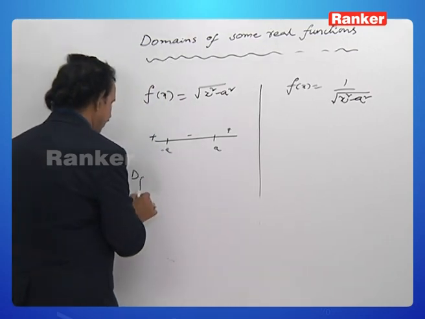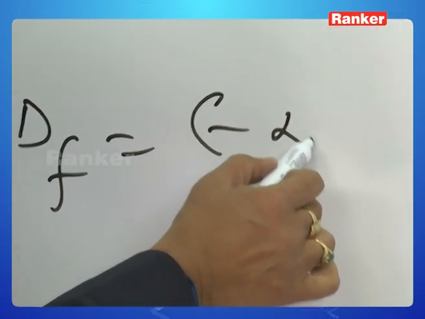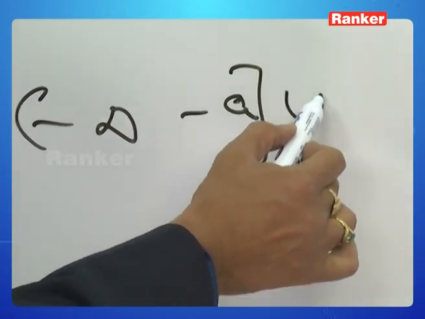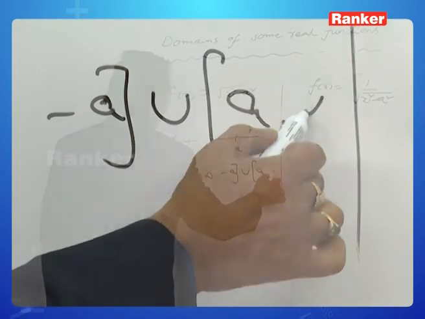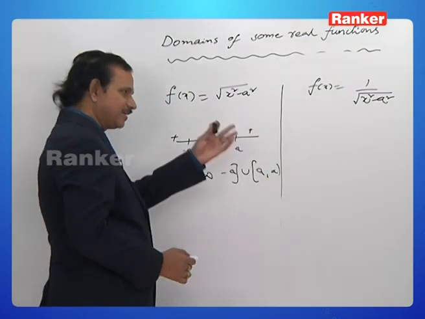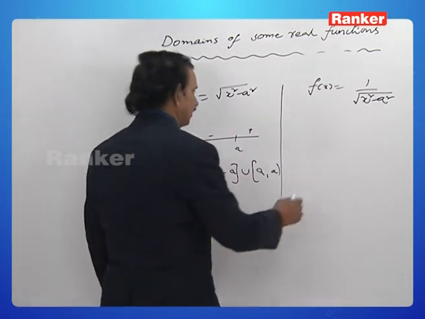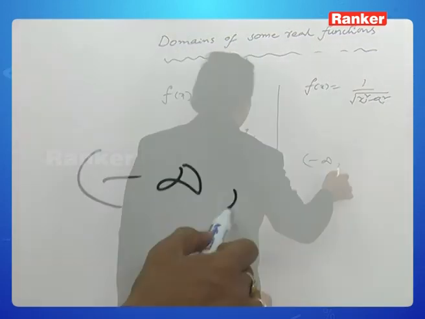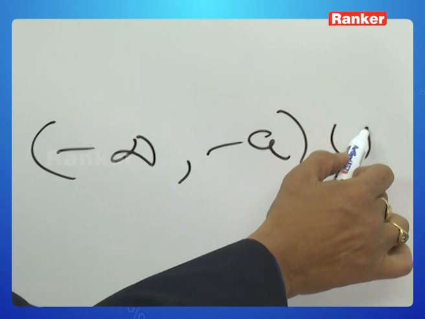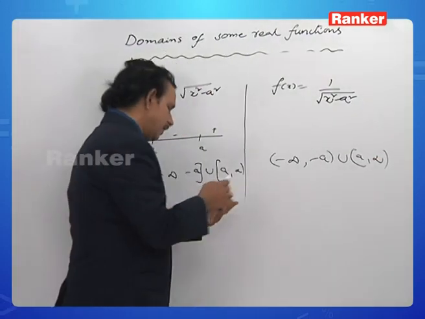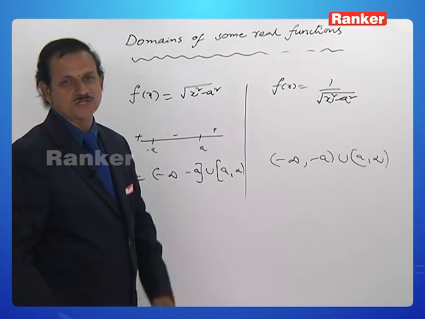Therefore, the domain of f is minus infinity to minus a union a to infinity. What happens to that case? This closed interval becomes the open interval. That is minus infinity to minus a union a to infinity. That is the domain of that function.